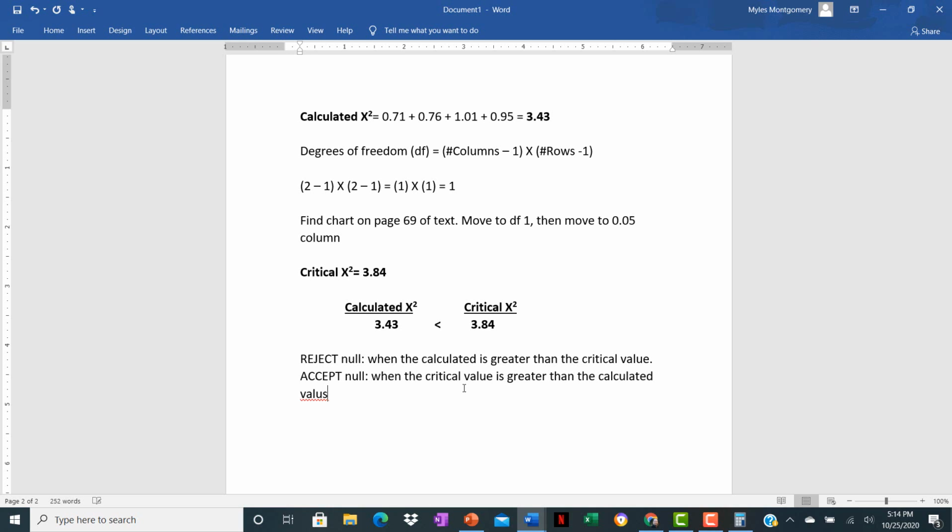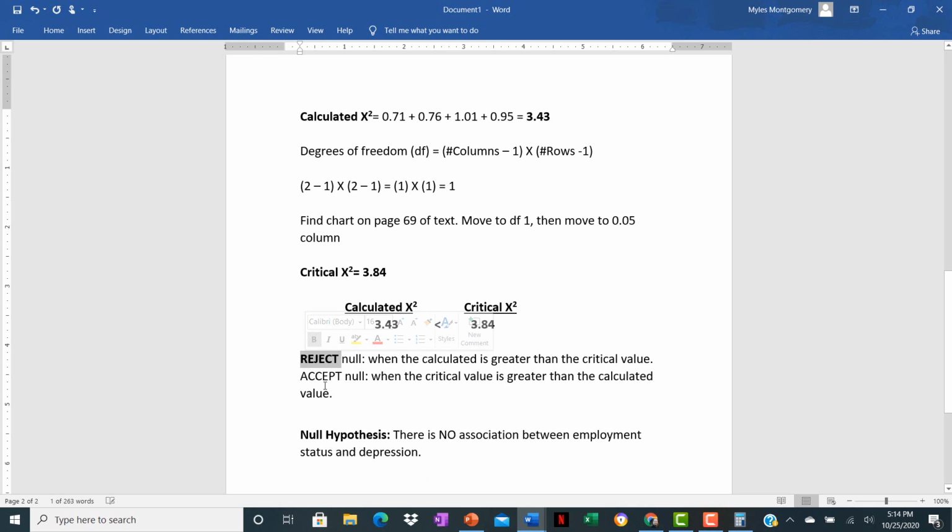So let's take a look at our null hypothesis, which I already queued up for you.